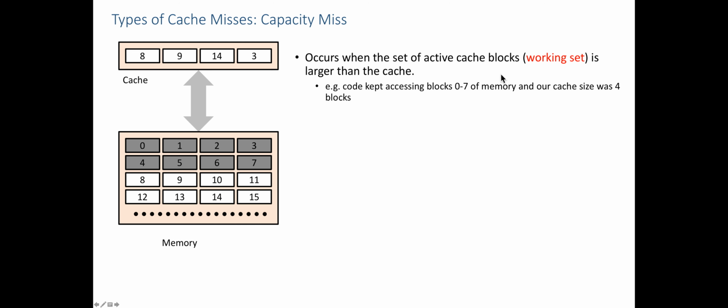This set of active cache blocks that's being accessed a lot in a short amount of time is called the working set of a program. Some programs that are using large amounts of data, for example, might have a working set that's larger than the cache.